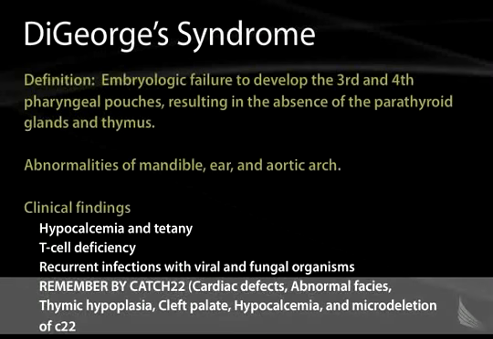And the way for you to remember this for the exam and for when you're on the wards is with the mnemonic CATCH-22, where the C stands for the cardiac defects that affect these patients, A for their abnormal facies, again perhaps due to the abnormalities of the mandible and ear, T for the thymic hypoplasia, which leads to the T-cell deficiency, C for cleft palate, H for hypocalcemia, and 22 for the microdeletion on chromosome 22, which removes the genes responsible for this disorder.